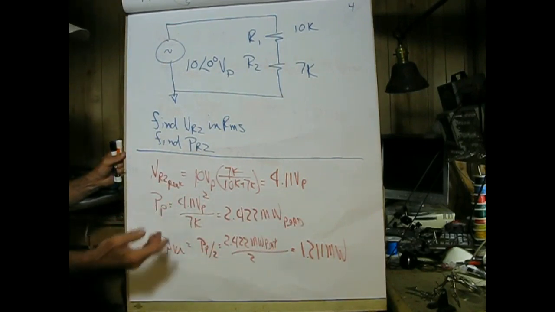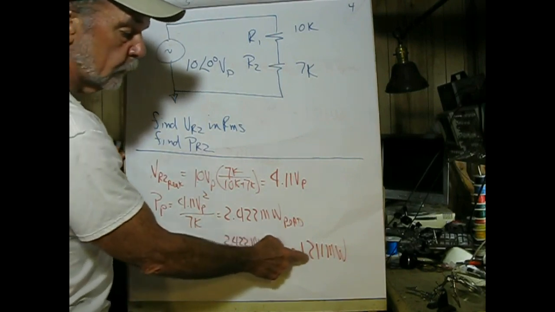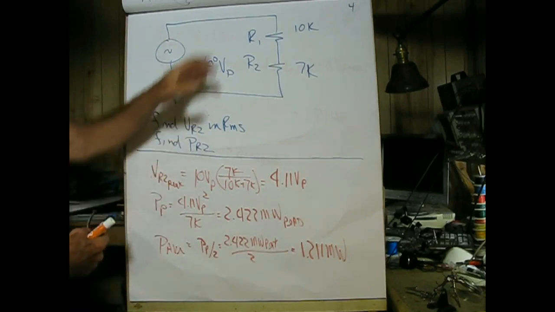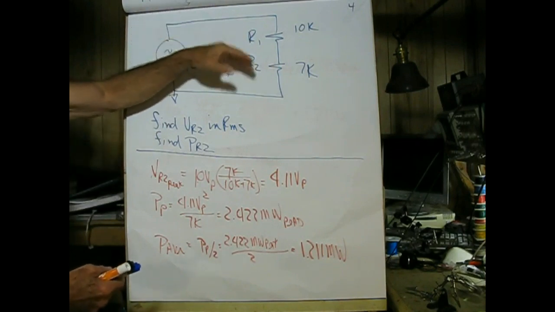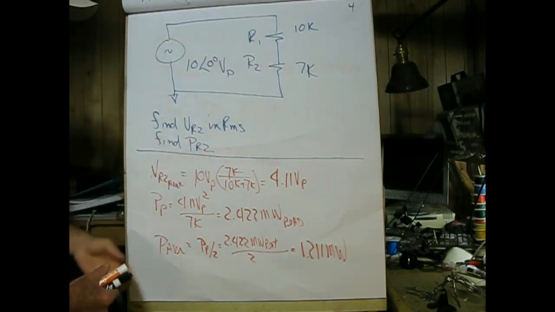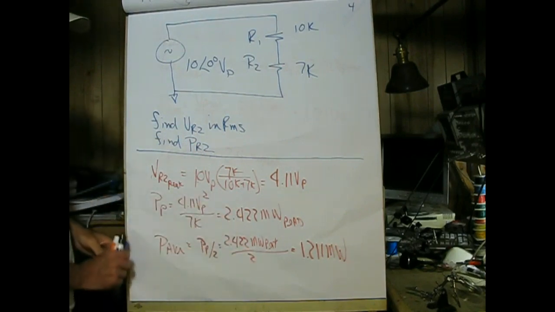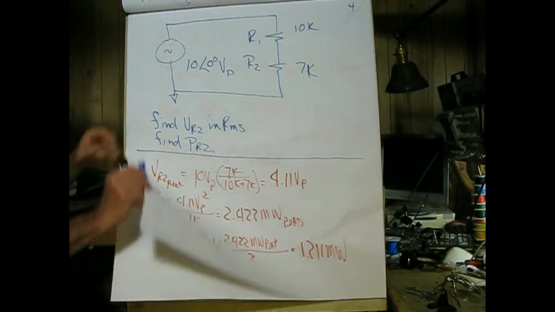Now if I want the average power, piece of cake. Divide it by 2, 1.211 milliwatts. So I can use the peak voltage across this using a voltage divider, and determine from that the peak power, which leads directly by a simple division into the average power.